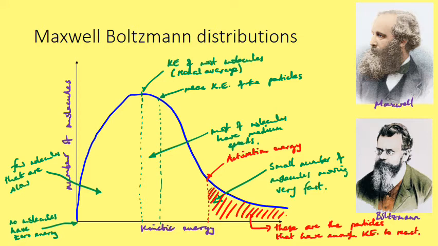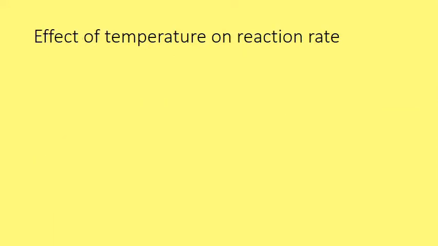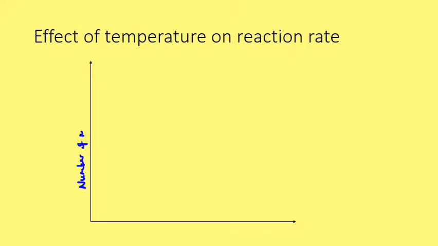Let's have a look now at what happens when we change the temperature. So in order to look at the effect of temperature on reaction rates, we're still going to have a Maxwell-Boltzmann distribution. So let's redraw our graph, and you might remember that the y-axis is number of molecules, and our x-axis is kinetic energy.